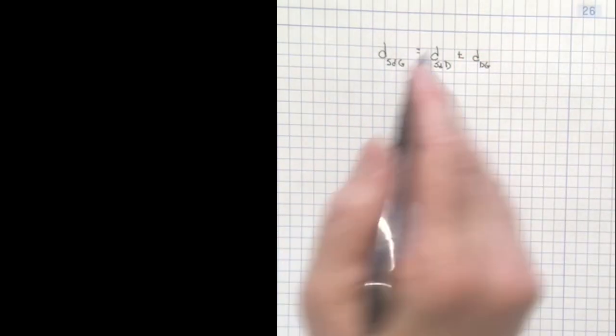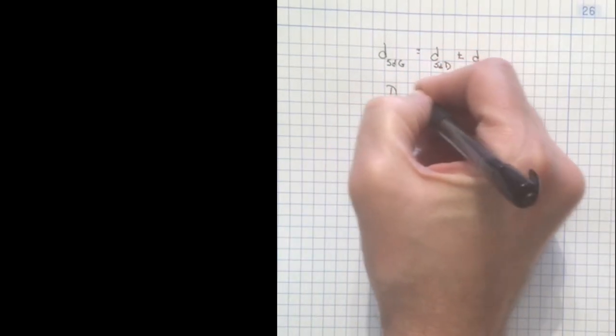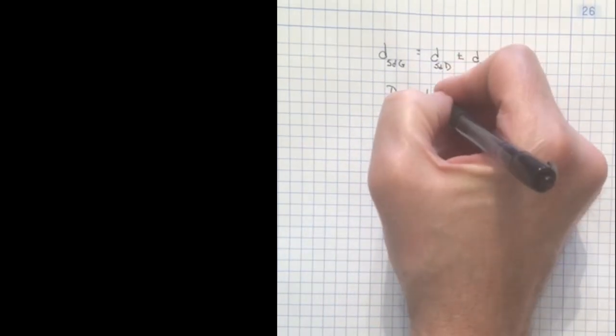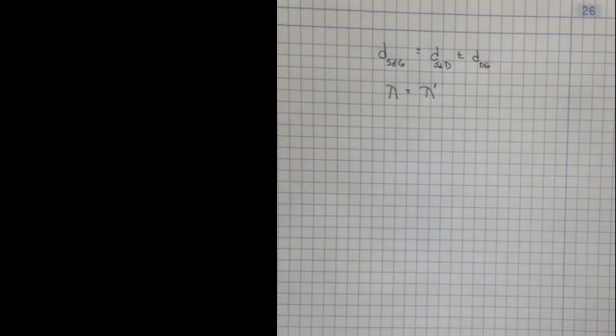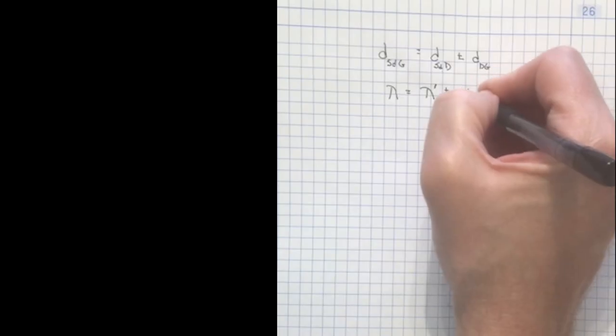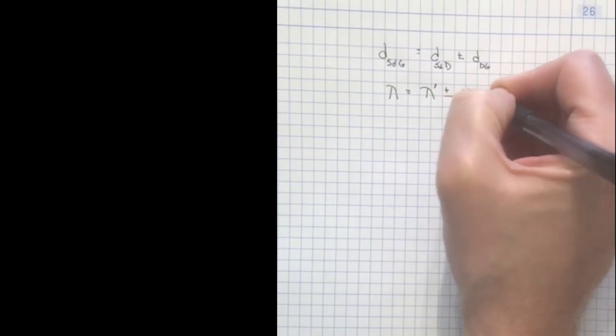Well, the distance that the sound moves with respect to the ground, again, is its wavelength. Distance of the sound relative to the detector is going to be the received wavelength, lambda prime, plus or minus. Again, we're going to use the velocity this time of the detector with respect to the ground.